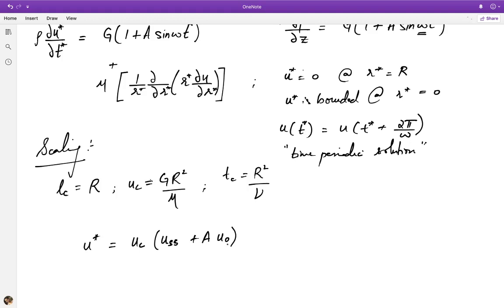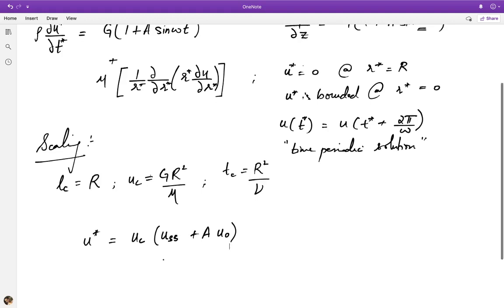Right, so USS and U oscillatory UO are both non-dimensional with the characteristic scale UC, and I've taken out the amplitude of the pressure gradient explicitly here. So U naught is going to be driven only by sine omega t, whereas USS will satisfy the same equation but with the pressure gradient of 1, because I will be dealing with the scaled problem.